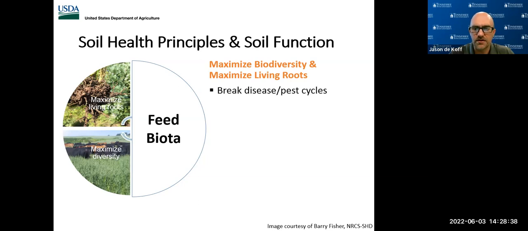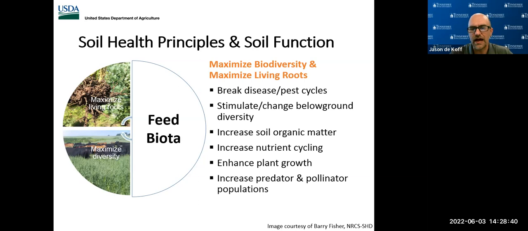And so there's a whole host of things that we're looking at achieving on this side as well. Breaking those disease and pest cycles by having that diversity that's out there, stimulating change below ground diversity. So that's what I was talking about with the carbohydrates. Increasing soil organic matter is always good because organic matter provides a lot of benefits for the soil.